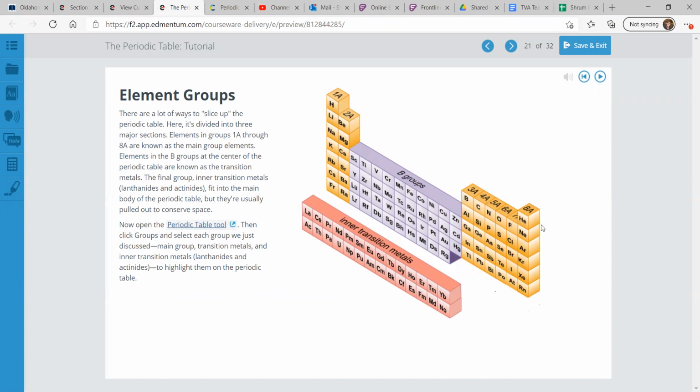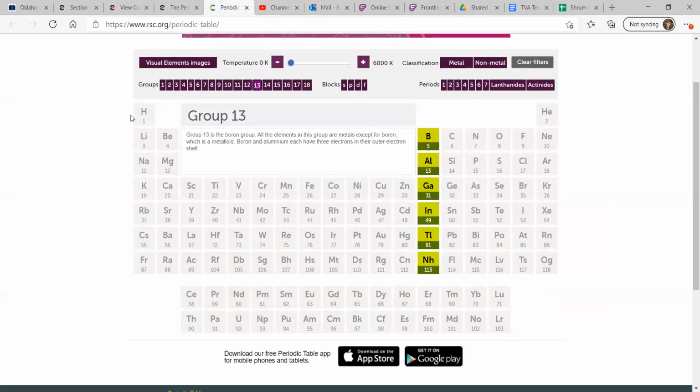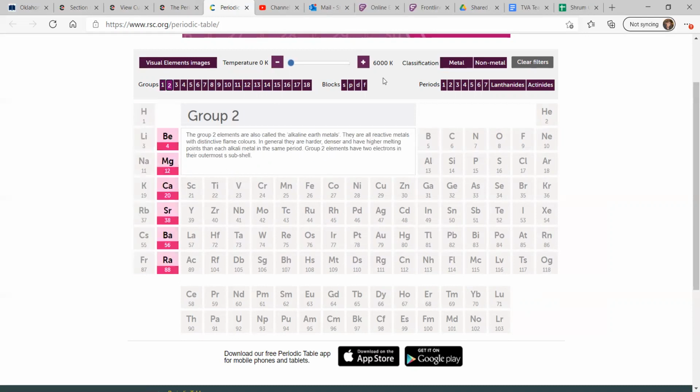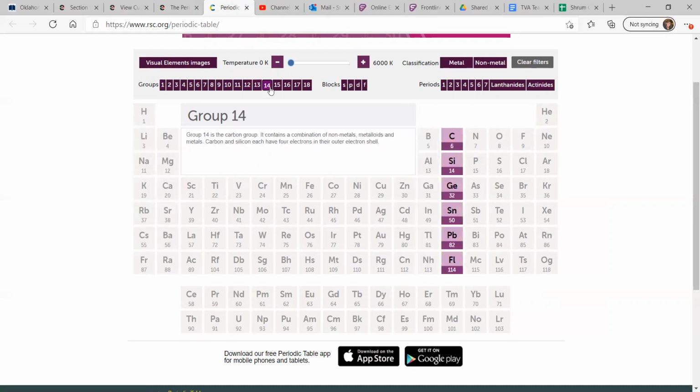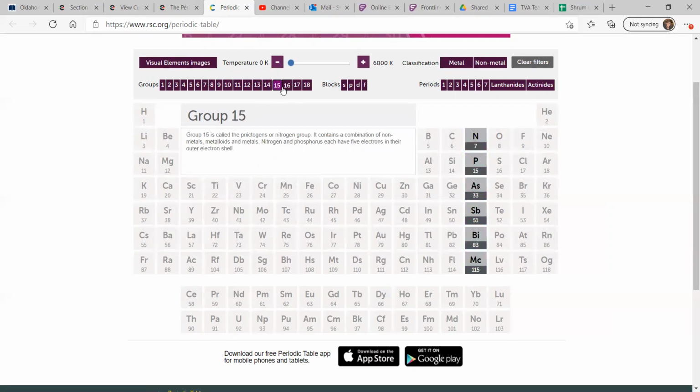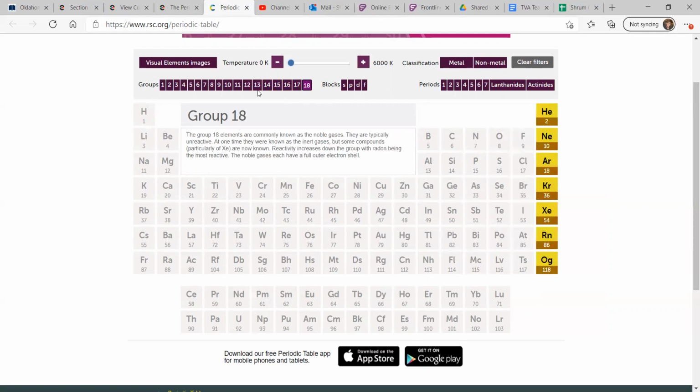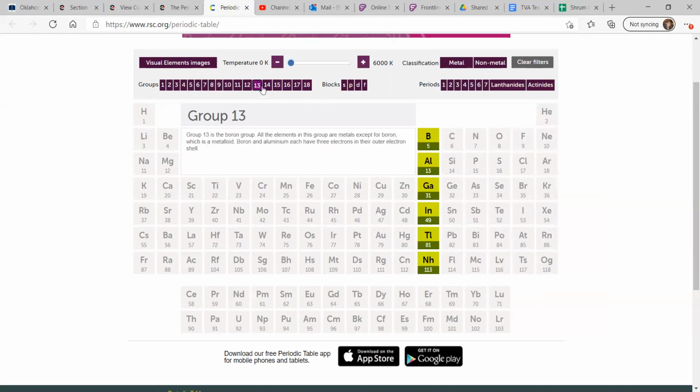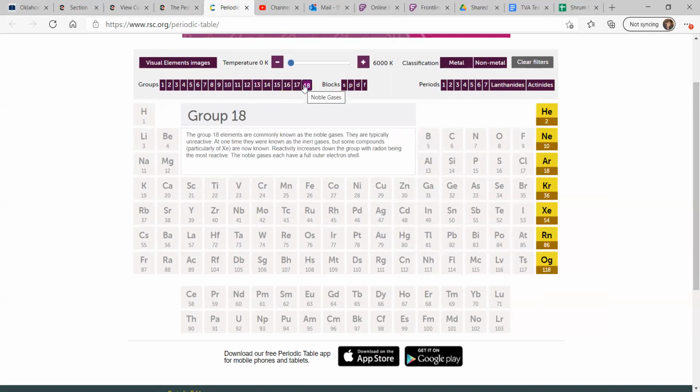You see how those are numbered a certain way? Well, this numbers it the other way. So you can think of these as 1A, 2A, 3A, 4A, 5A, 6A, 7A, 8A. So 13 is 3A, and then 18 is 8A.